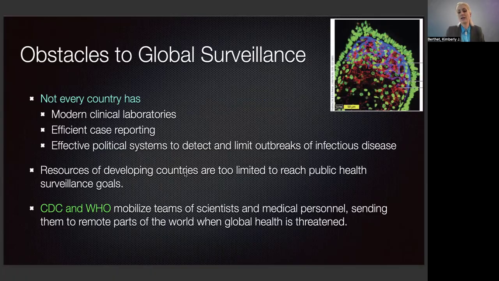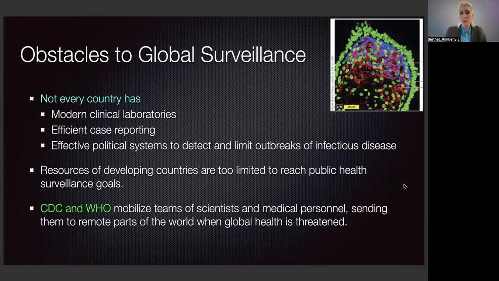So the WHO sends out teams of scientists to these areas where they're less likely to have modern clinical laboratories. They're unable to effectively have case reporting within the population due to maybe resources or lack of trained staff. And we also see even political systems can change, and it can affect the way that we can detect and limit outbreaks of infectious disease.